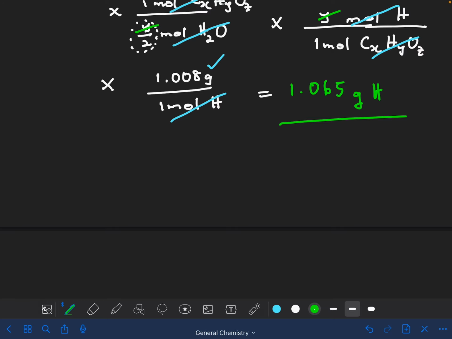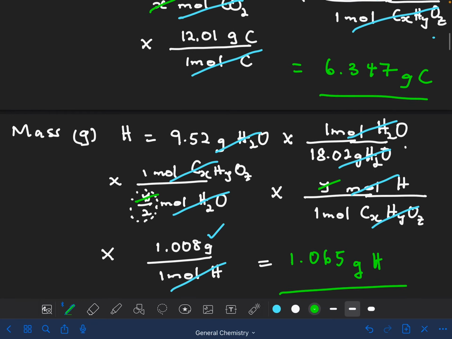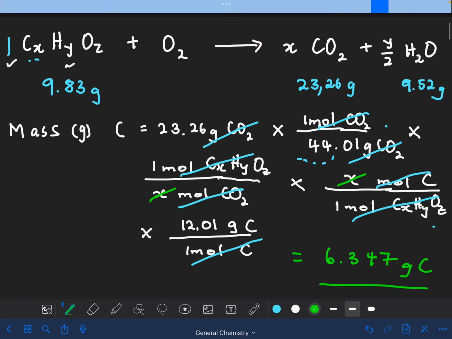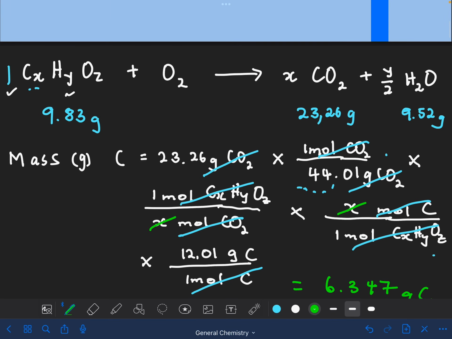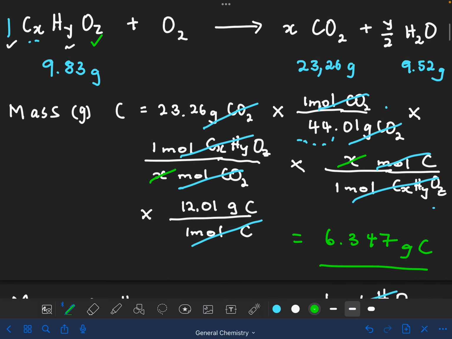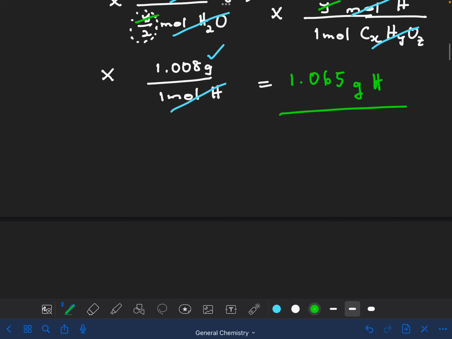Okay, so at this point, guys, I want us to take note that we need to also determine the mass of the oxygen in the original sample. However, we're going to do that using the percentage composition.